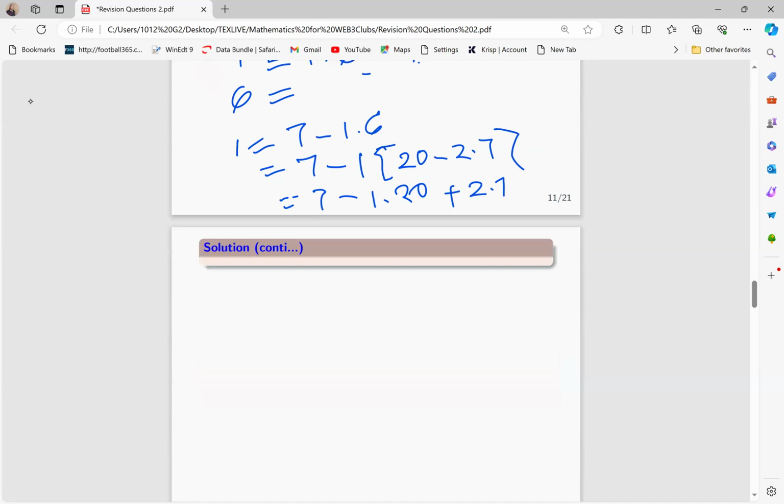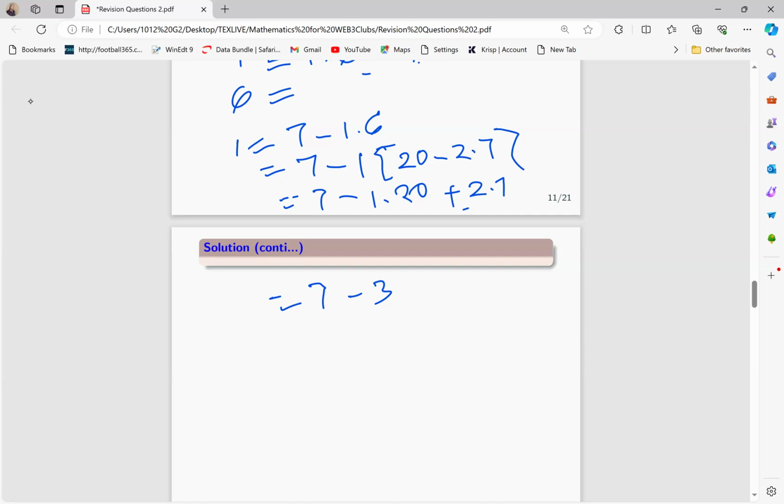We can group these two, so we get negative. Is it 3? How do we group these two terms? Just put 1 here: 1 times 7, and this is 2 times 7.